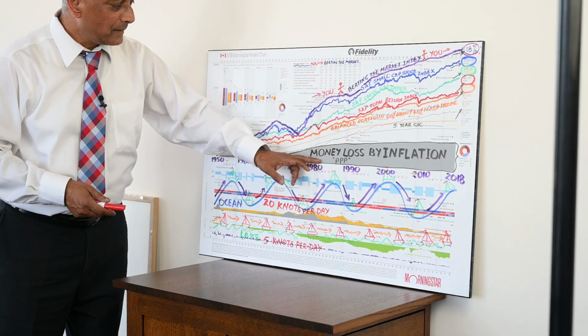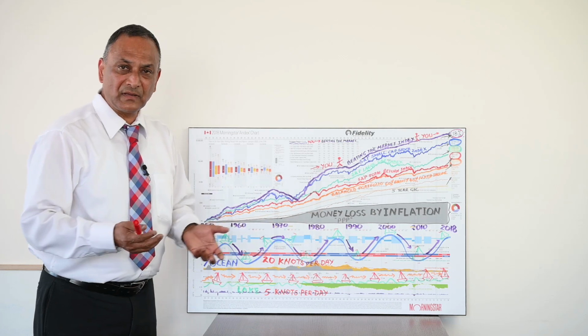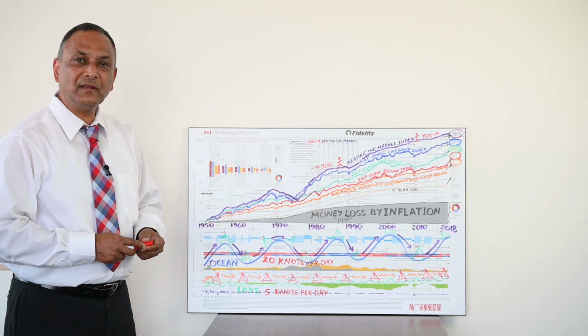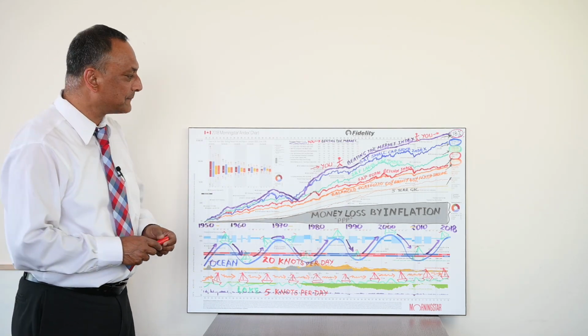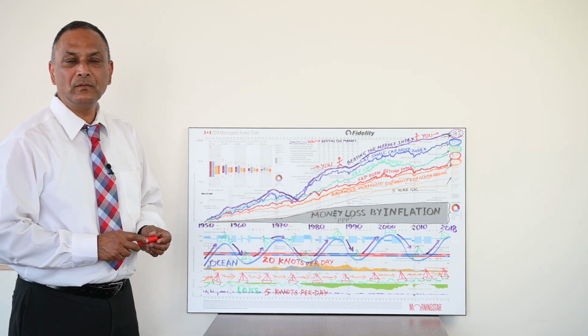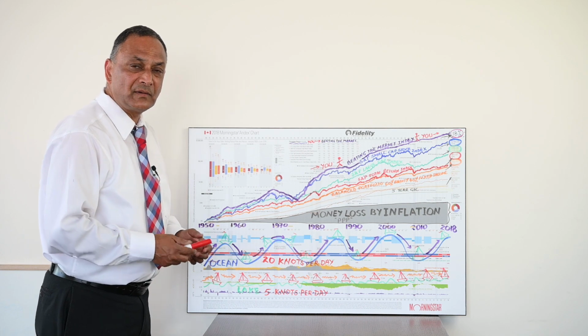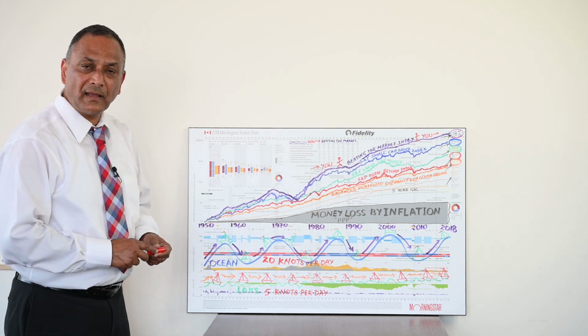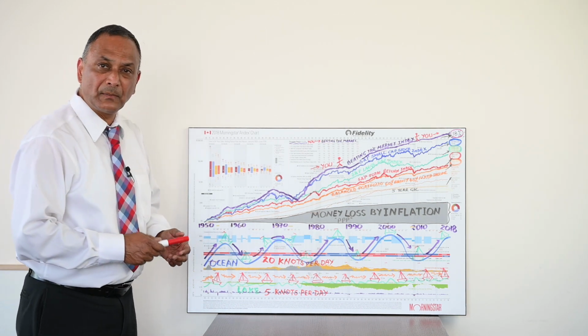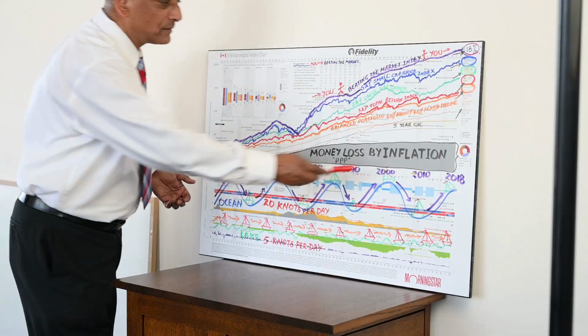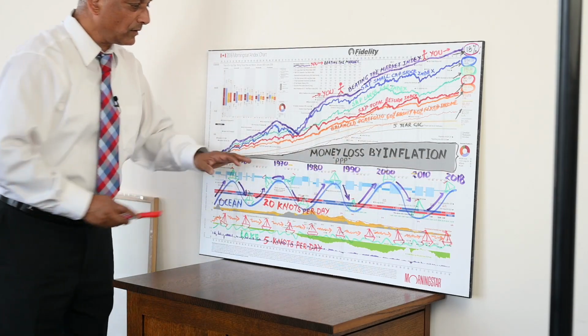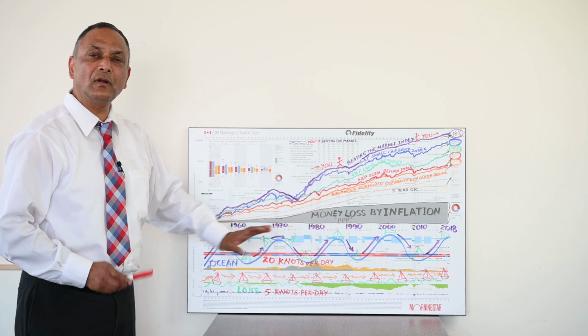So here the purchasing power of the money keeps on decreasing based on the consumer price index. In Canada it is roughly 2% or 2.2%. And if you add the core inflation, which includes energy and food, you'll find it going up to about 3.5%. So this amount of money is automatically being reduced if you do not invest your money.